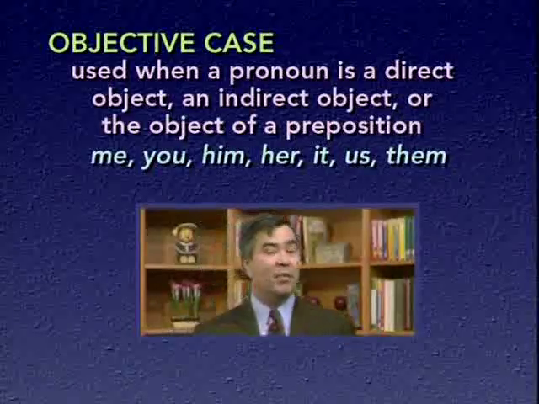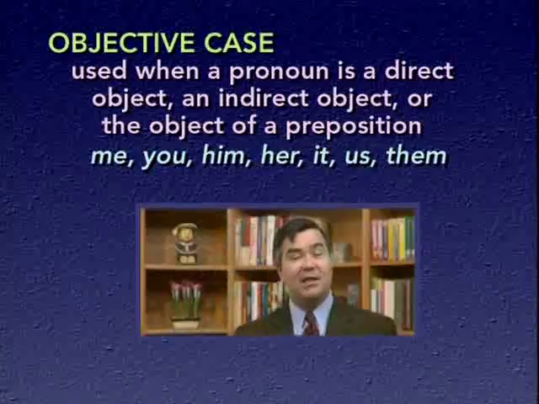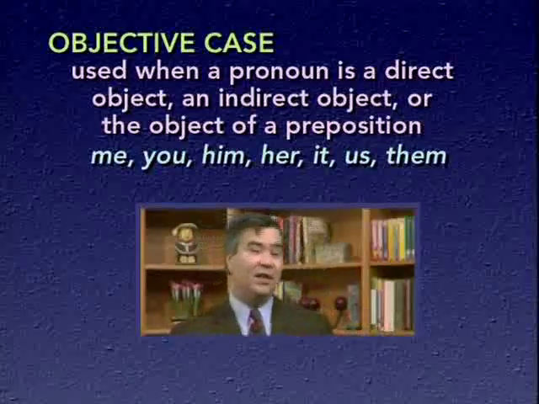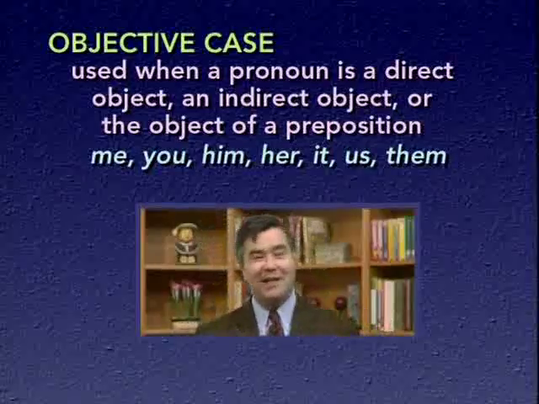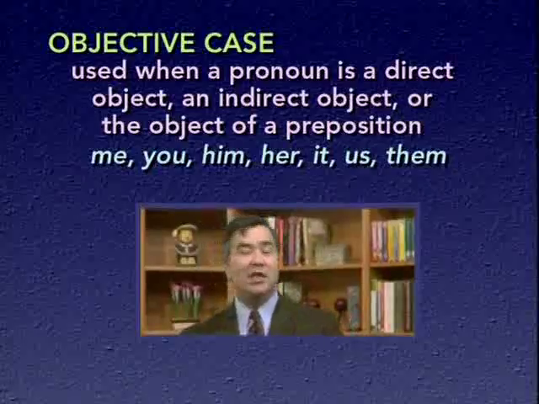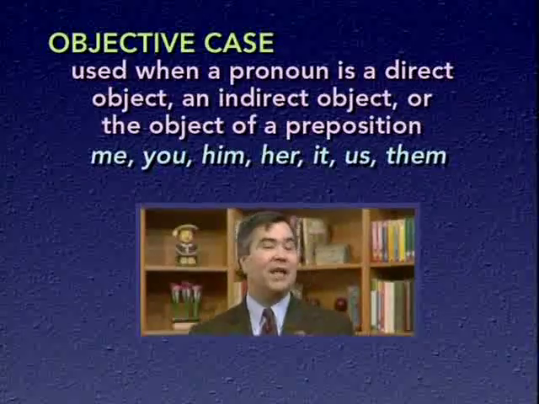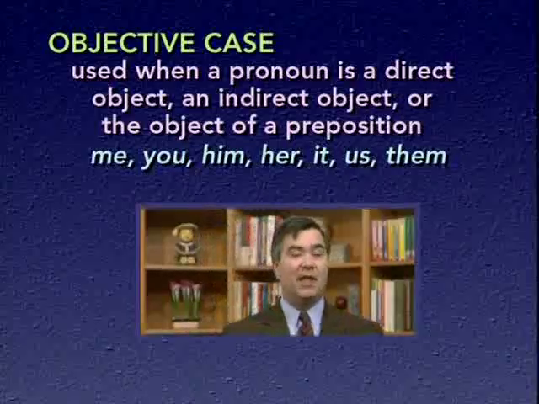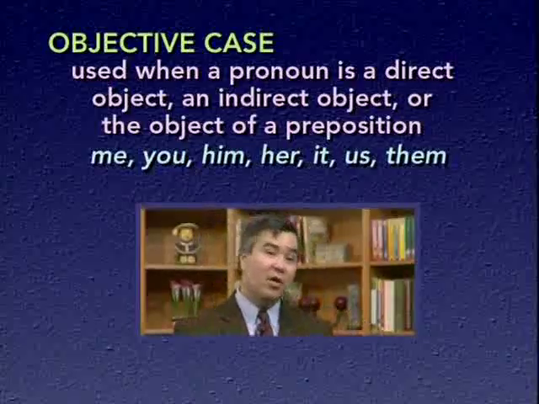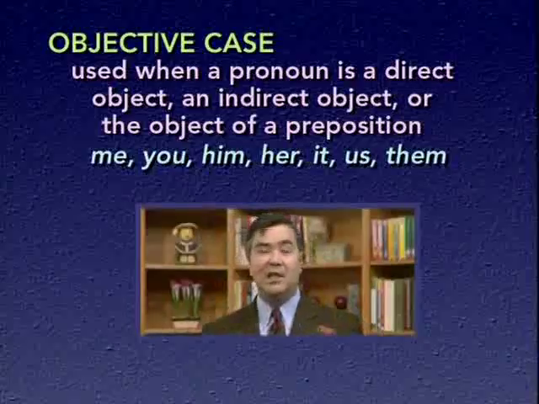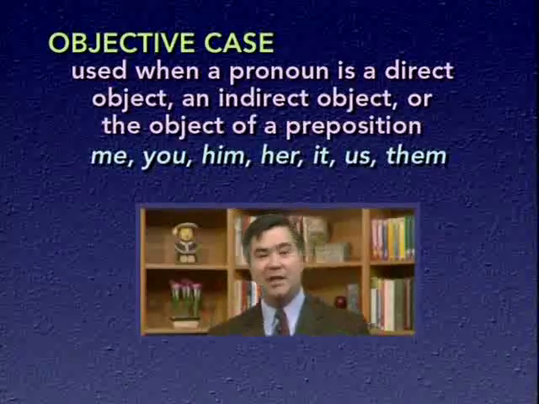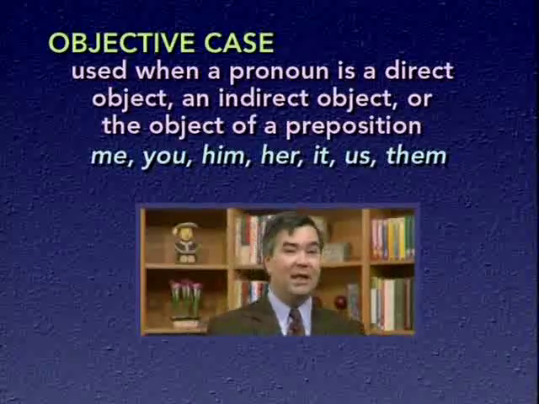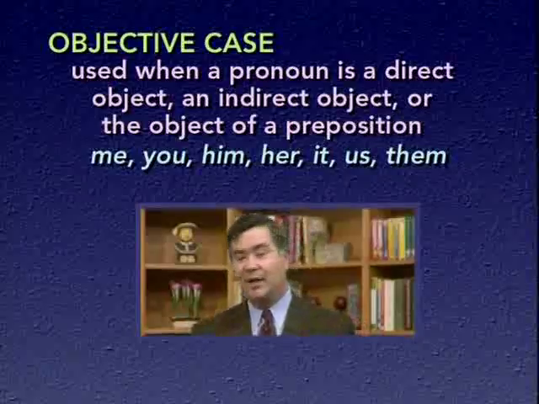You'll notice that the pronouns you and it appear on the list of the subjective case pronouns and the objective case pronouns. It so happens that those two pronouns can be used either way, either as subjective or objective case pronouns. All the other personal pronouns, however, differ from subjective to objective case, and it's important to recognize the difference so that you can use them correctly.